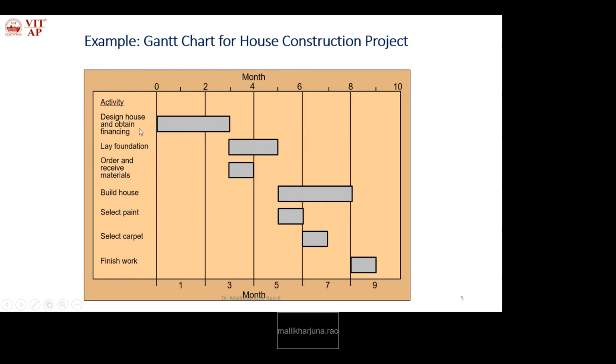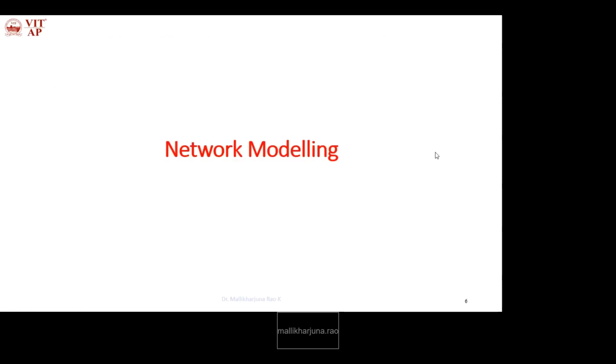The time given for this project is a 10-month duration. We are planning for up to the ninth month, so we have one more month of extra time. If any activity takes more than planned, we can utilize this time. This one month alone we can utilize for the critical activities. We'll see how to find the critical path and critical activities in coming slides.